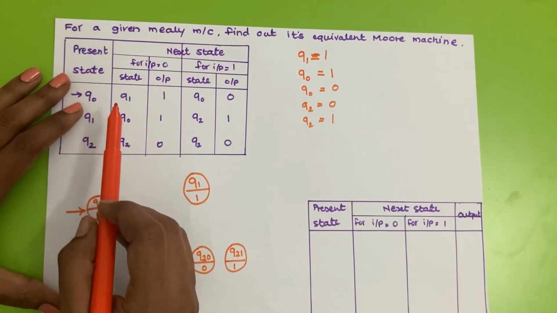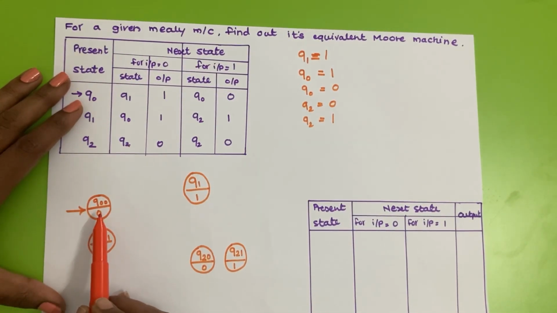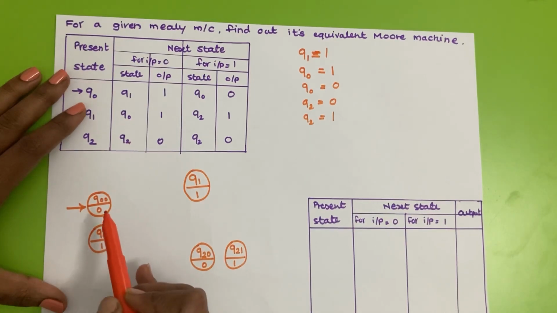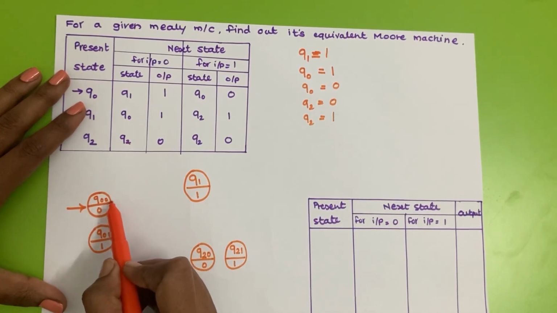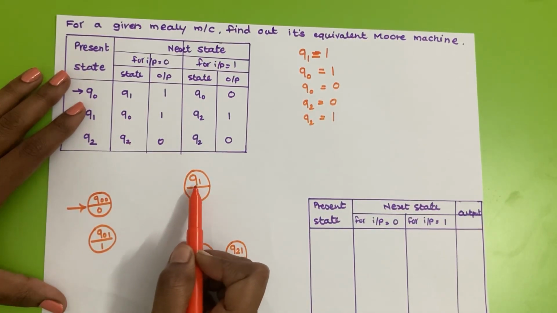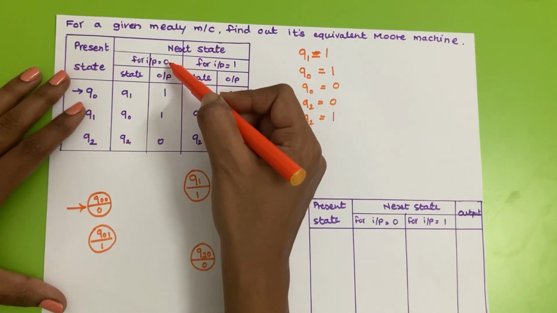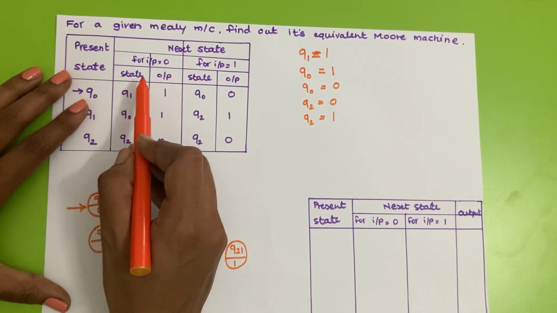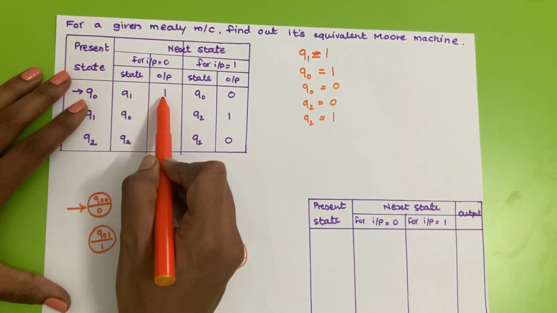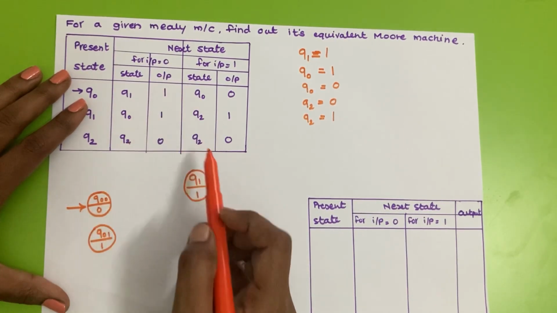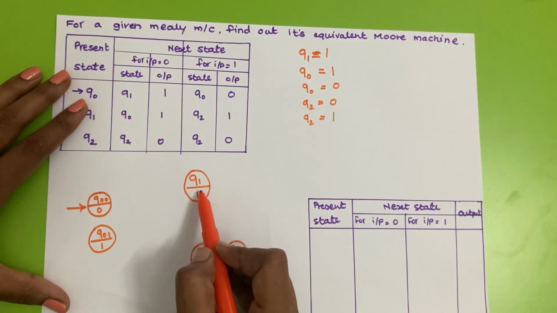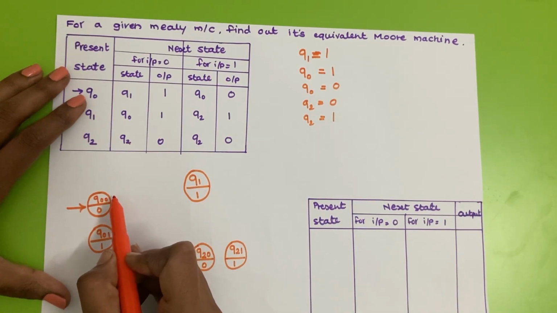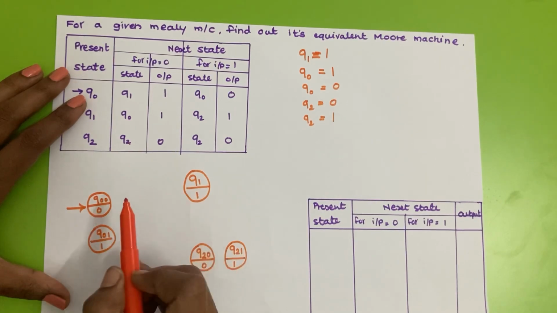Now we have two different states for q0, so the transition will go from both of the states to state q1 by taking input symbol 0. From q0 to q1 we want output symbol 1, but there is a single state for q1, so this transition will go from both the states.